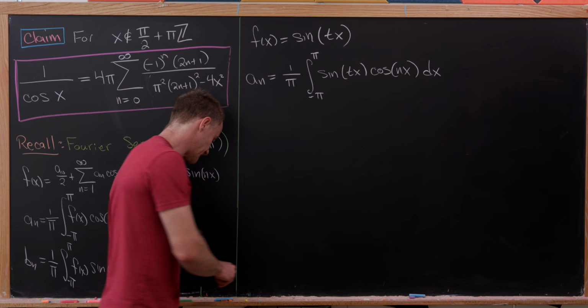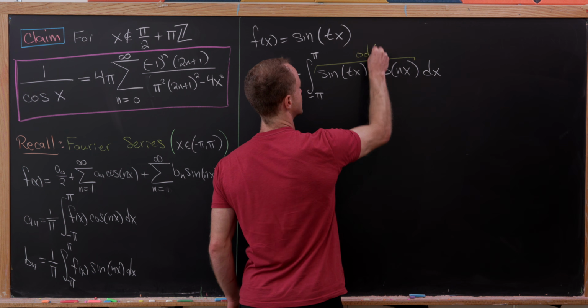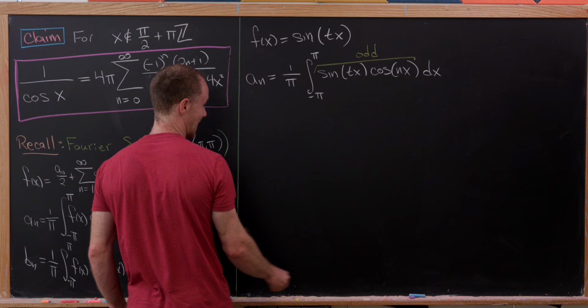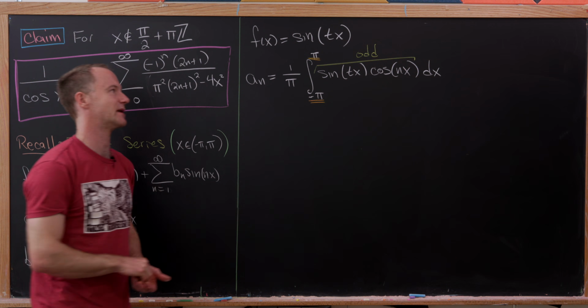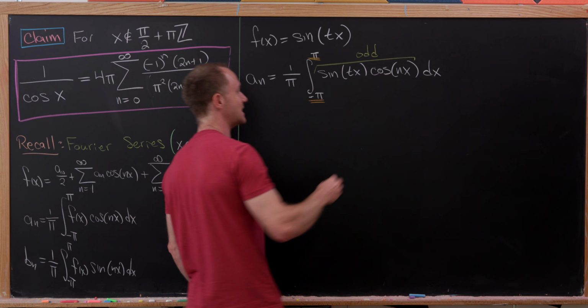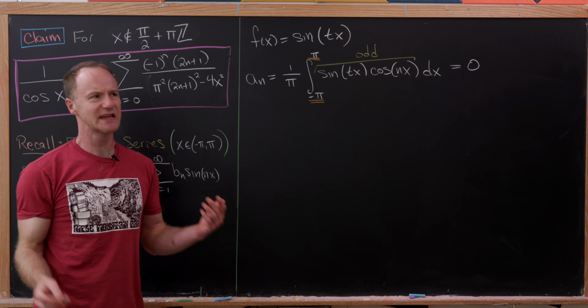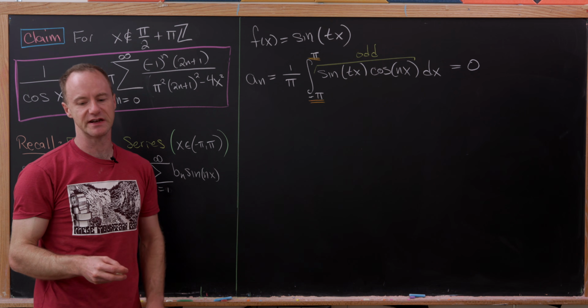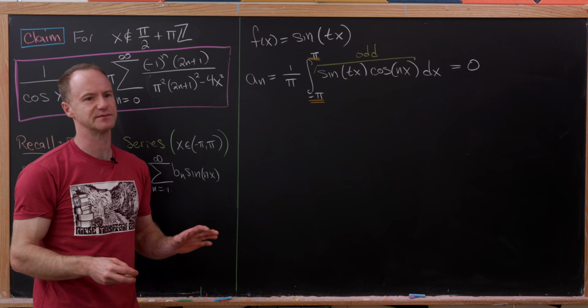Cosine is an even function, making this product an odd function. Oh, but check it out. We're integrating an odd function over a domain which is symmetric about the origin. That immediately gives us 0. That's one of these things that you technically learn right after you learn integration, but often it's not taken advantage of as much as it should be.